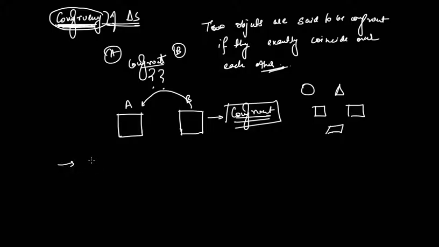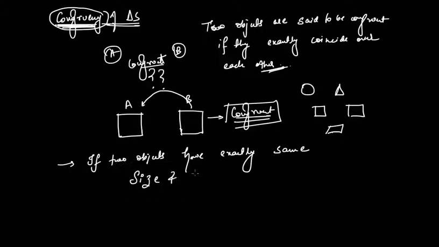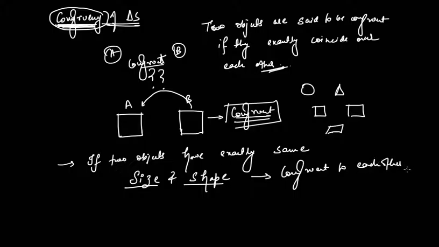If two objects have exactly the same size and shape, then they are congruent to each other, right? If two objects are exactly the same in size and shape, then we can say that both the objects are congruent to each other, because that will be a case when both the objects will superimpose each other, right?